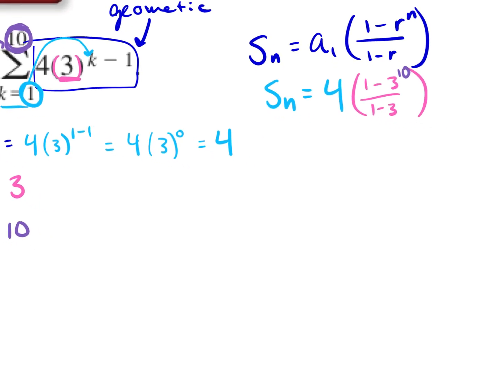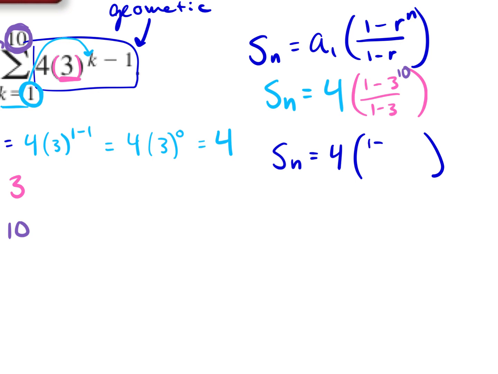So this would be our formula with everything plugged in. Be careful when plugging it all into your calculator. Just make sure you follow your order of operations. We have to start with the parentheses. In the parentheses, I'm going to start with what's on top. So I have to start with 3 to the 10th power. So 3 to the 10th power would be 59,049.